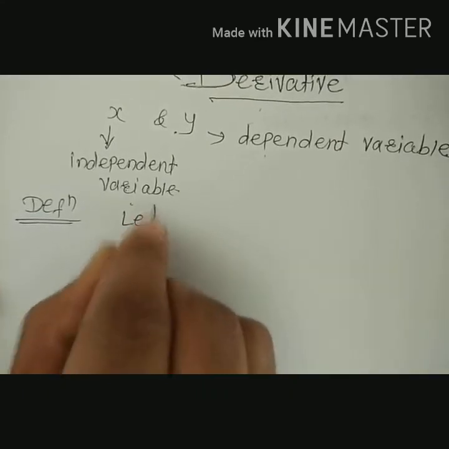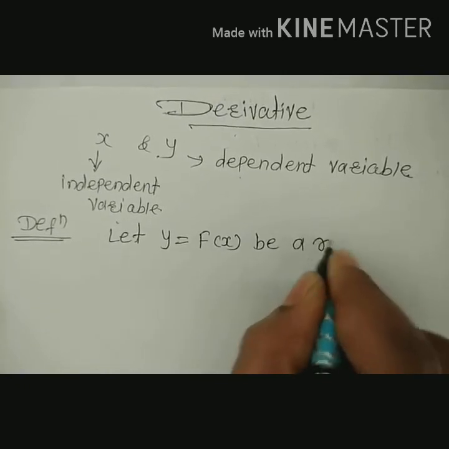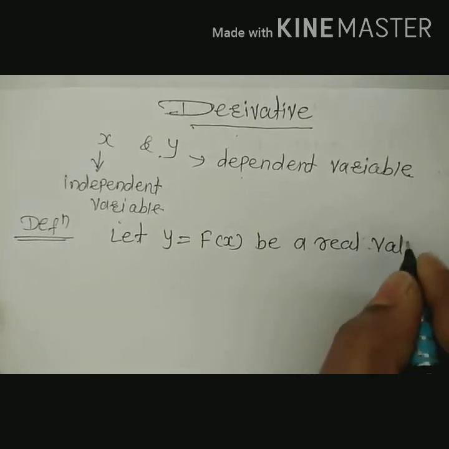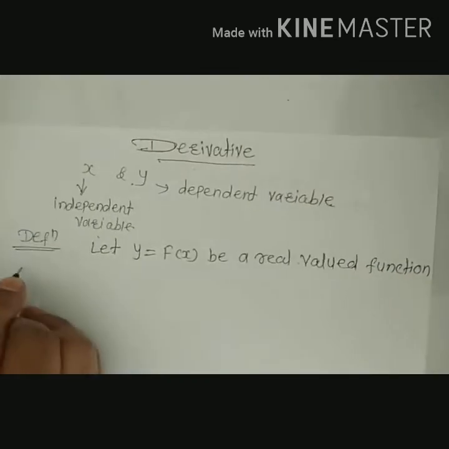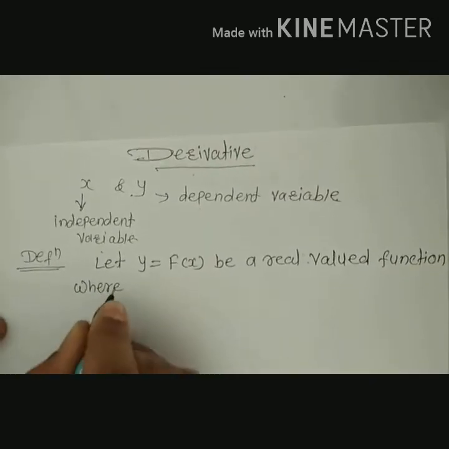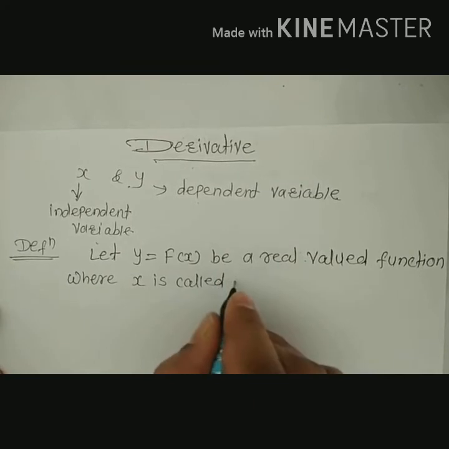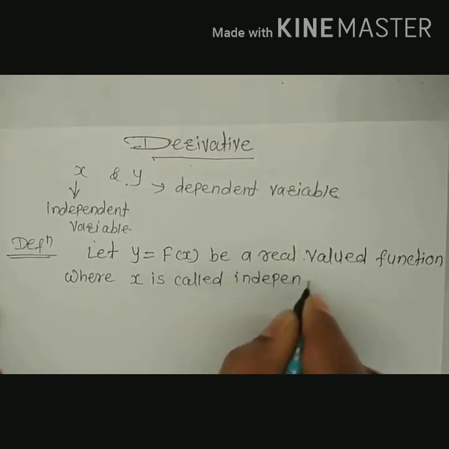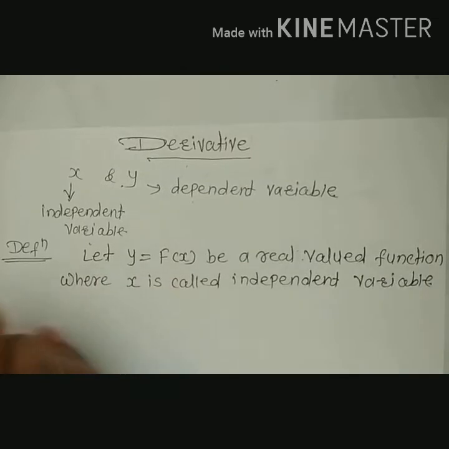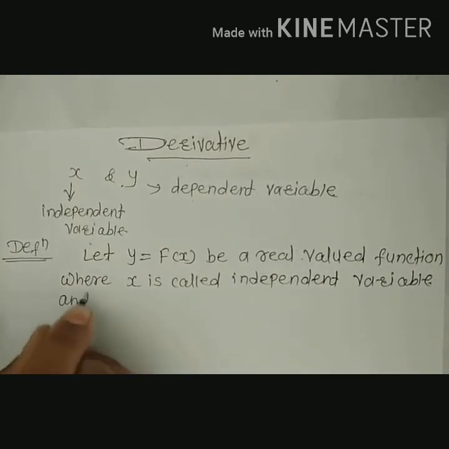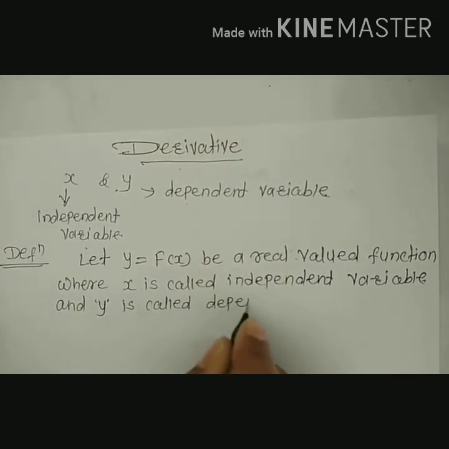Now the definition of derivative. Let y equal to f of x be a real valued function, where x is called the independent variable and y is called the dependent variable.